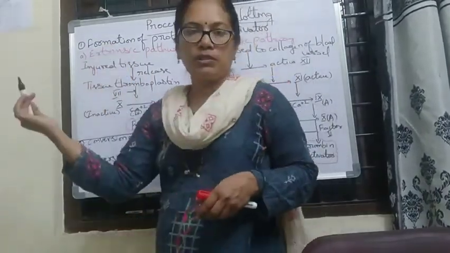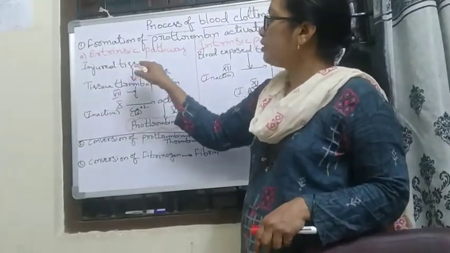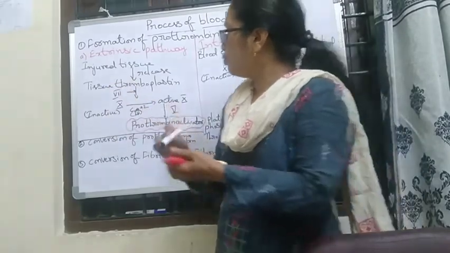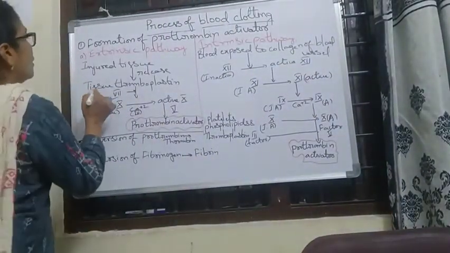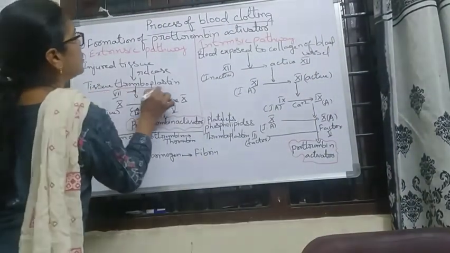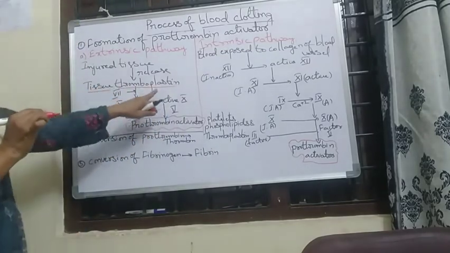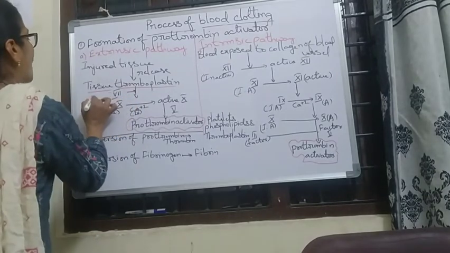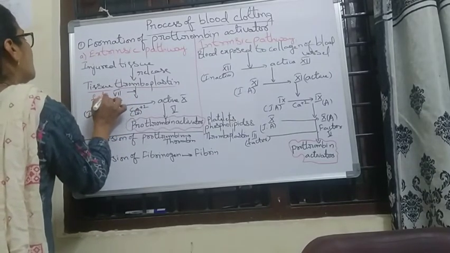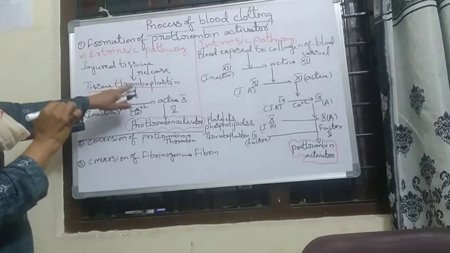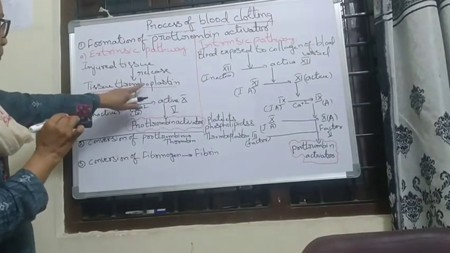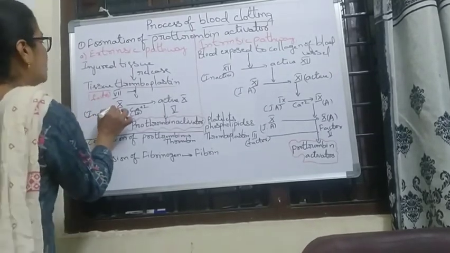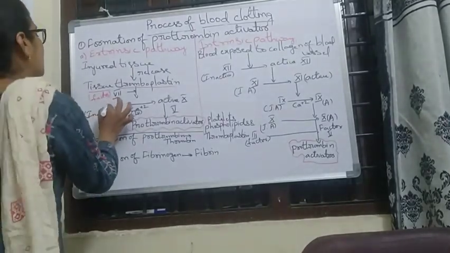Extrinsic means outside. In this injured tissue, the injured tissue releases tissue thromboplastin. What is this? Tissue thromboplastin, in the presence of factor 7. That factor 7 also helps this tissue thromboplastin to convert the inactive 10th factor into the active 10th factor.